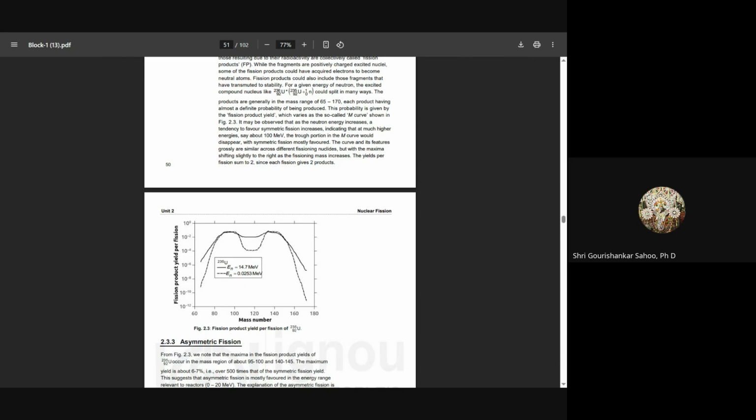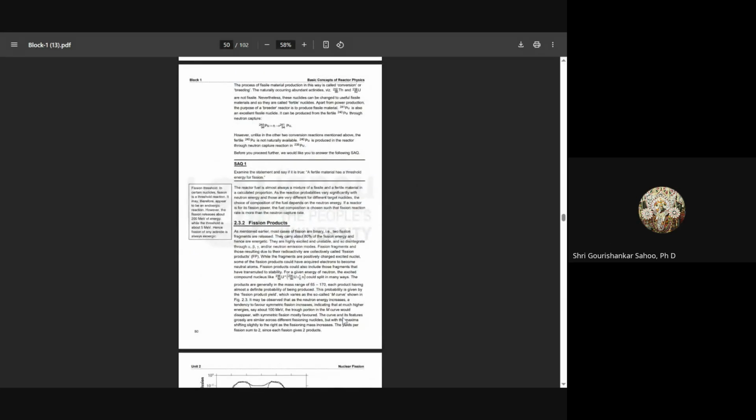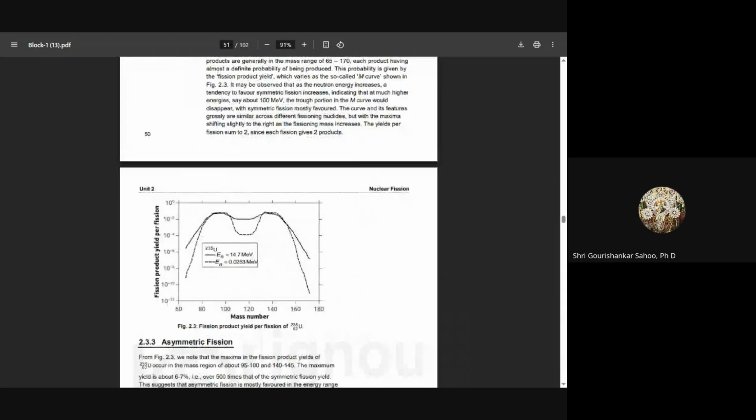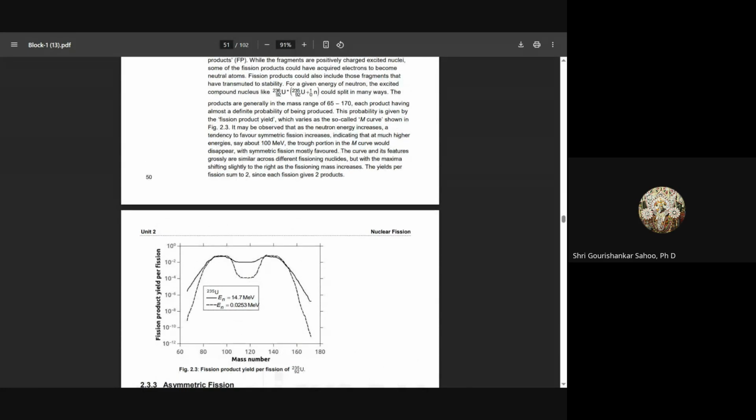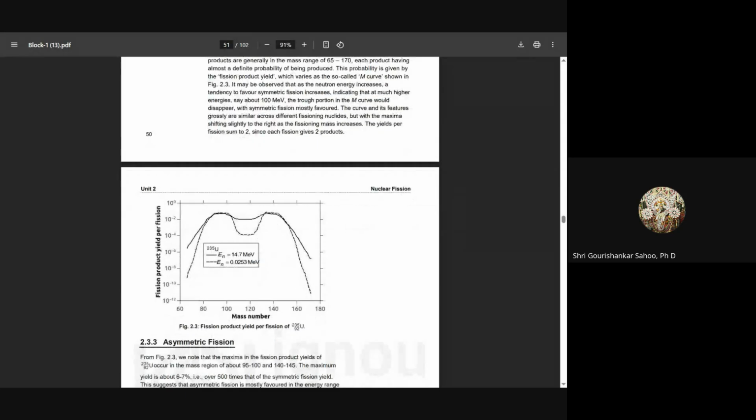For a given energy of neutron, the excited compound nucleus uranium-236 could split in many ways. The products are generally in the mass range 65 to 170, each product having an almost definite probability of being produced. This probability is given by the fission product yield, which varies as the so-called M curve, as shown in figure 2.3.